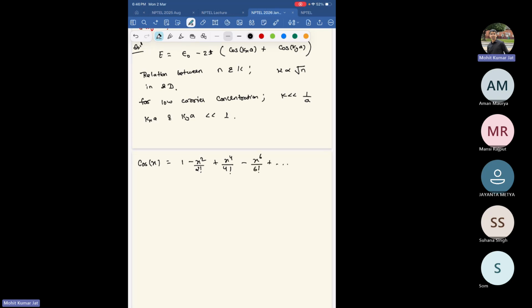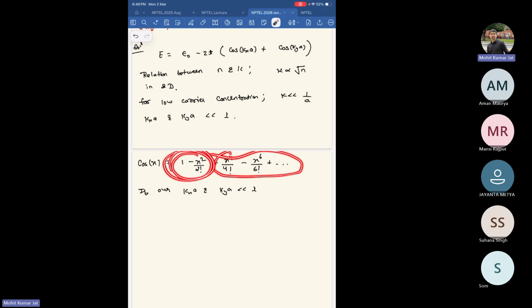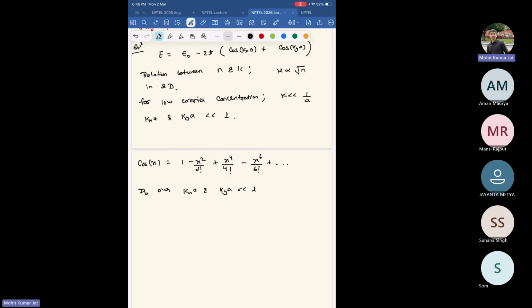If kxa and kya are less than 1, we can neglect the higher order terms and keep only 1 minus x squared by 2 factorial.